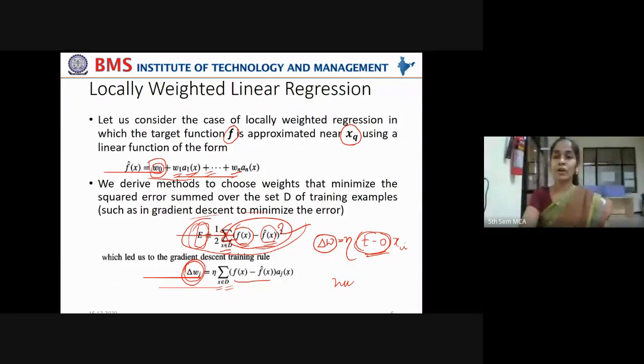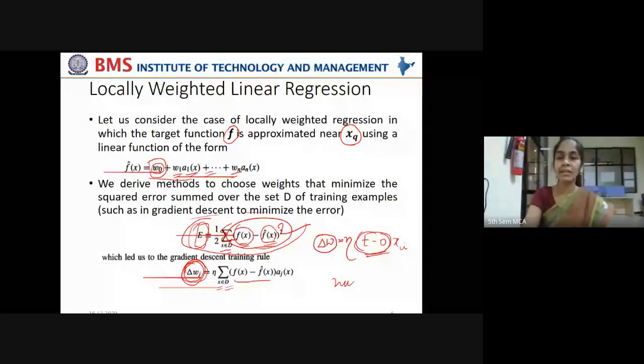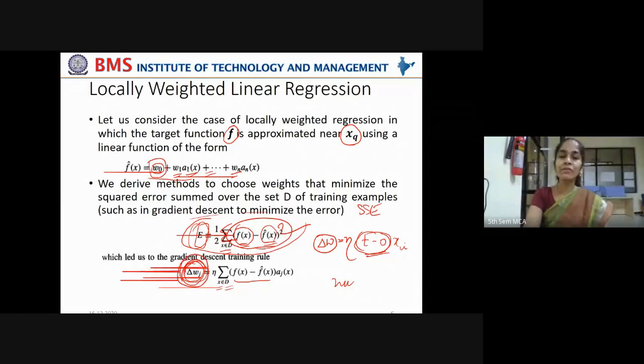You are trying to consider each and every attribute, so you are using aj of x. This is how the weight adjustment has to be calculated in order to reduce the prediction error, or the sum squared error, SSE.